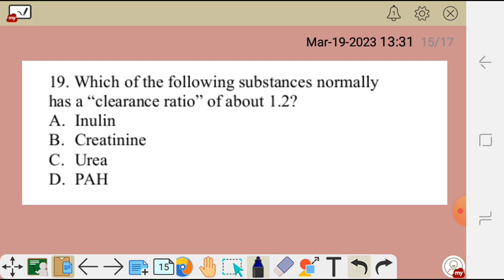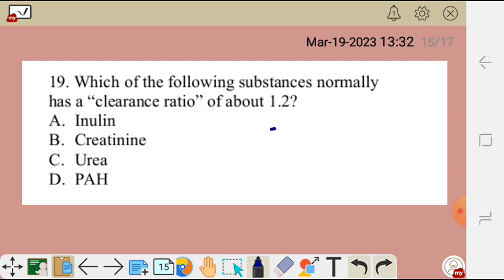Question 19. Which of the following substances normally has a clearance ratio of about 1.2? A, inulin, B, creatinine, C, urea, and D, PAH. So question 19, the one which has the clearance ratio of 1.2. So the clearance ratio is simply the ratio of clearance of a substance over the clearance of inulin.